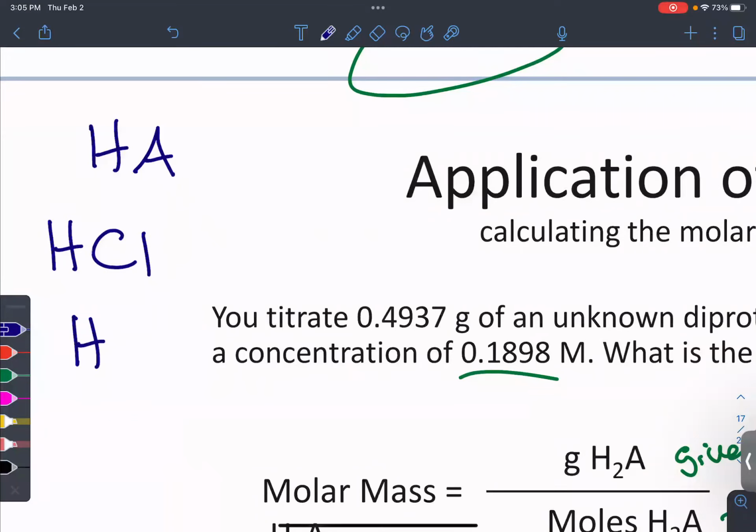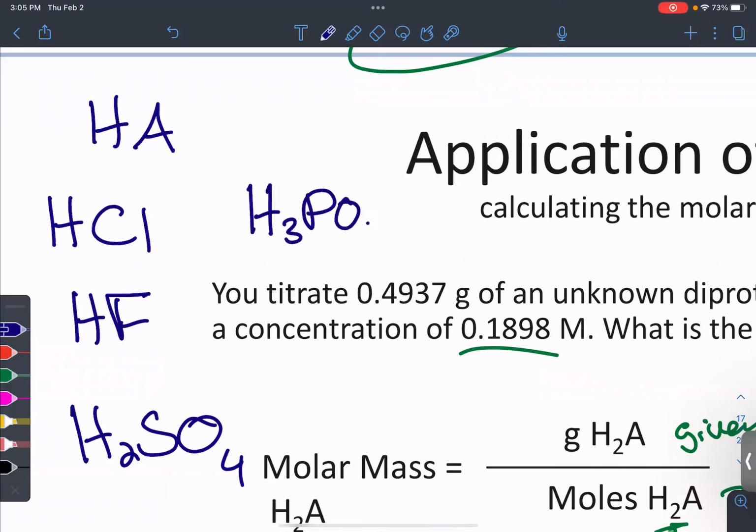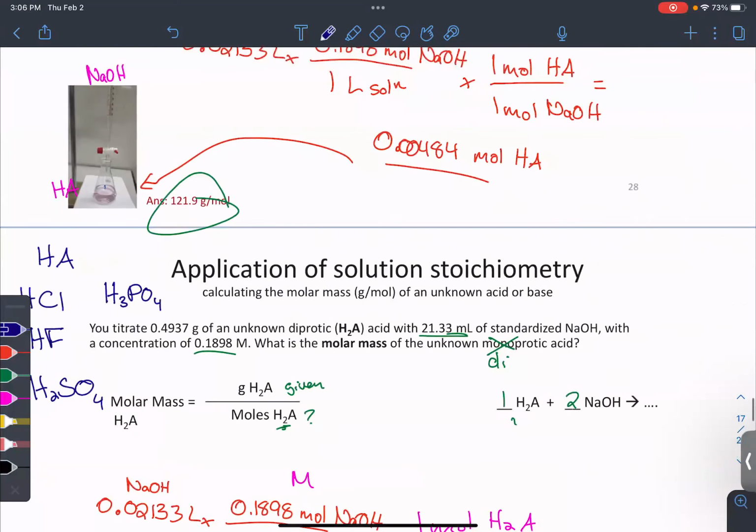Or like HF, monoprotic, one hydrogen. But if I wrote something like H2SO4, is that monoprotic? No, that is diprotic. Or H3PO4, triprotic. So usually it's going to be obvious, okay? Fair enough, okay.